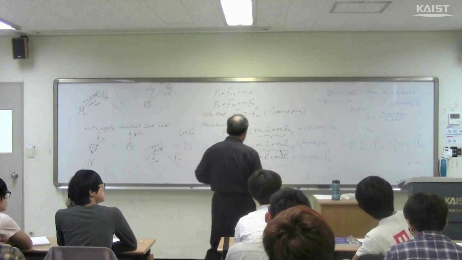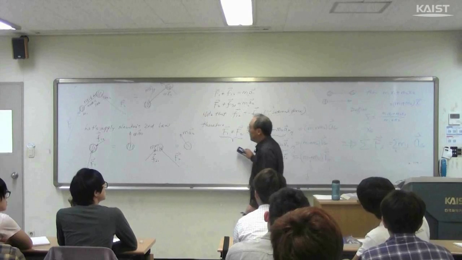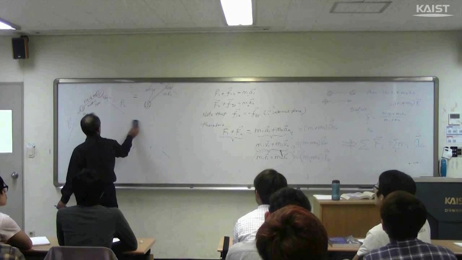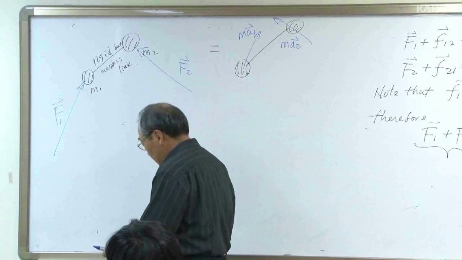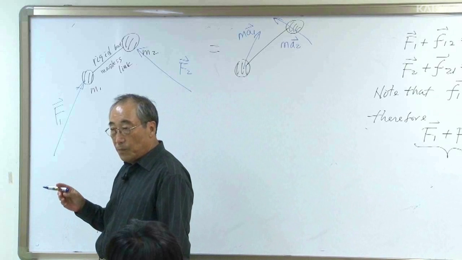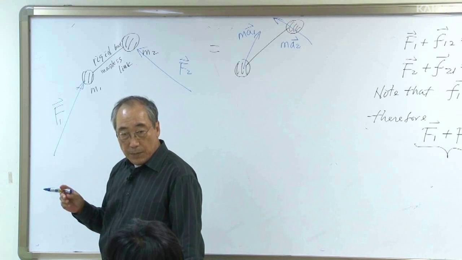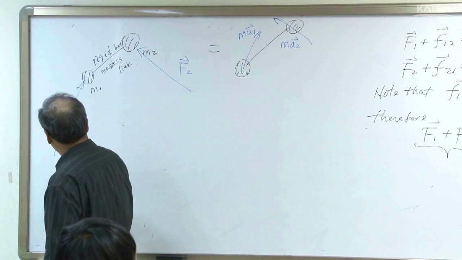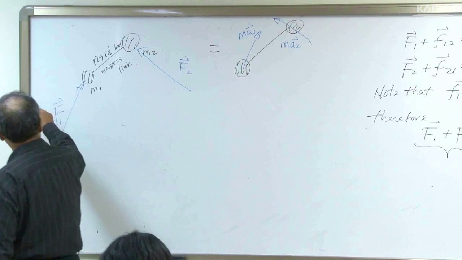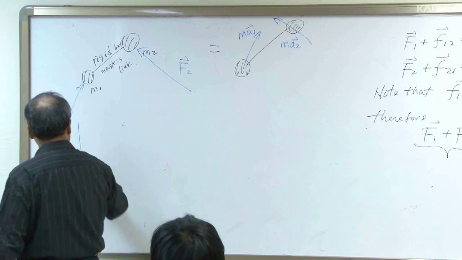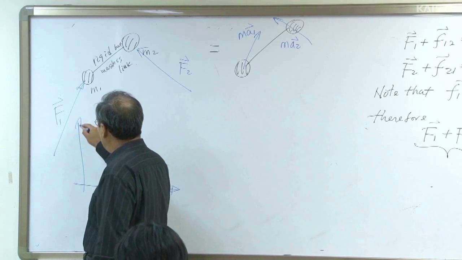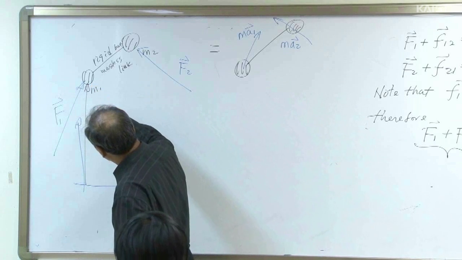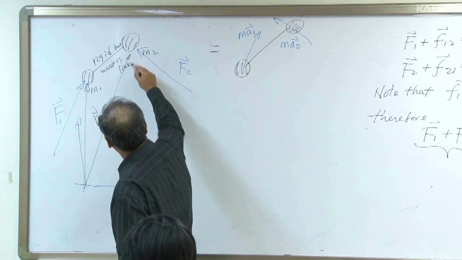So how do we do it? Let's see. Let's look at the moment of this vector. I draw this coordinate, and then this is R1 vector, and this is R2 vector.